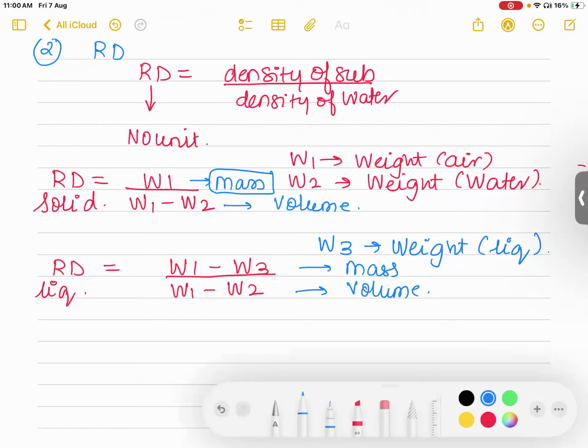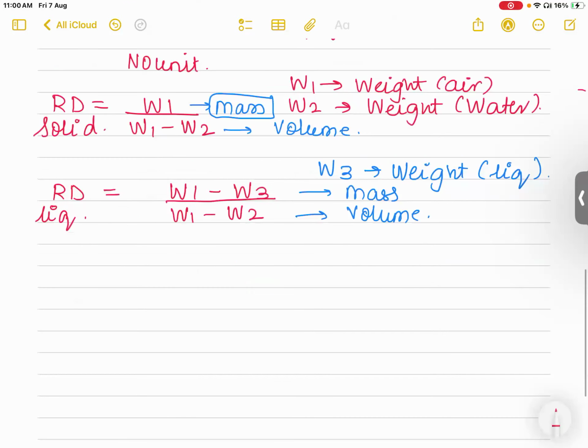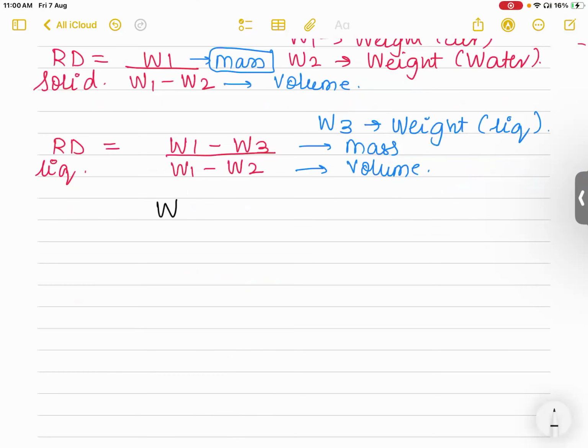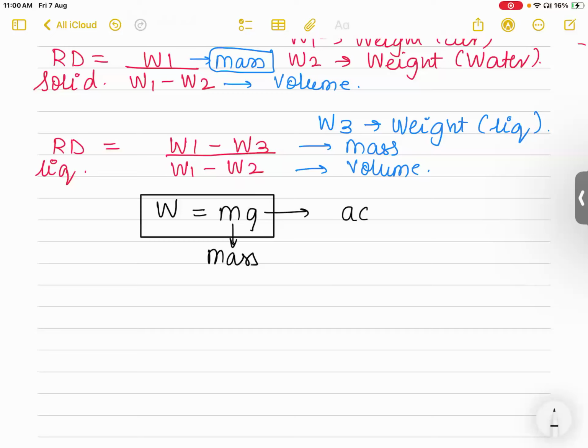One thing to take care of: sometimes they ask us to calculate the weight of the object. Weight is m into g, where m represents the mass of the object and g represents acceleration due to gravity.